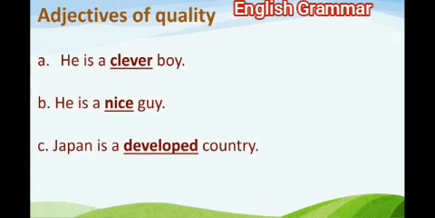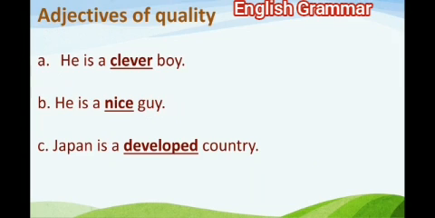The next one we want to talk about is adjectives of quality. Adjectives of quality give more information about the quality of a thing or a person. We use them to describe the subject in the sentence.